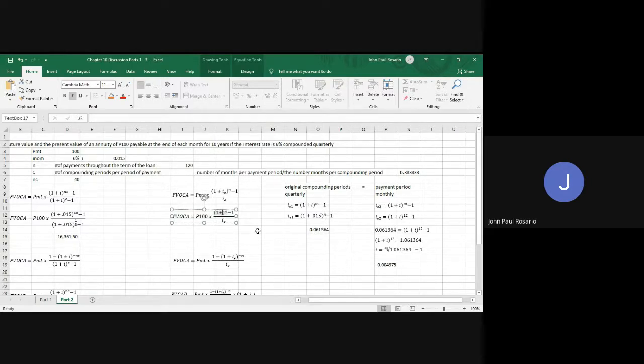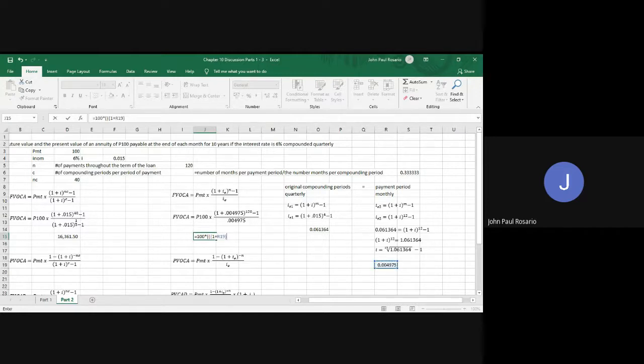So this is 0.004975. Our n here is 120. If I would solve it here, hopefully I will also get the same answer as I did while using the formula as indicated in our reference book.